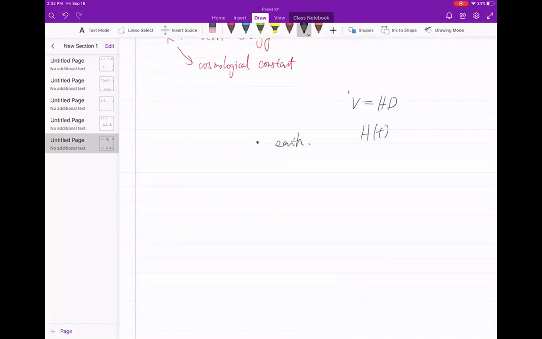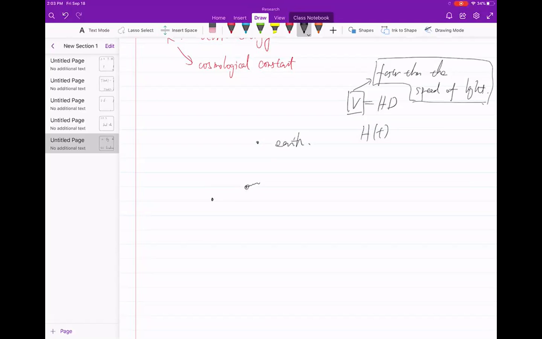That means eventually this one will be faster than the speed of light. That means we're here and something is moving away from us. Then the light we receive will have a redshift, as we said before, right? But if they are moving away from us with a speed faster than light, then there is no way we can receive anything from them.